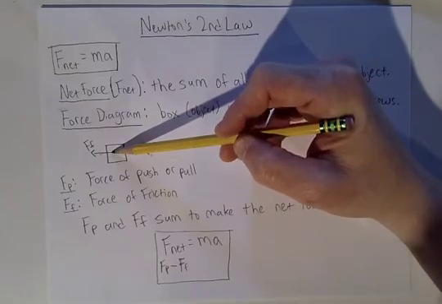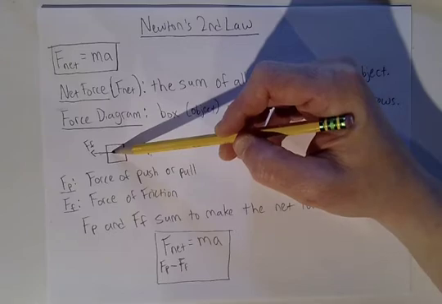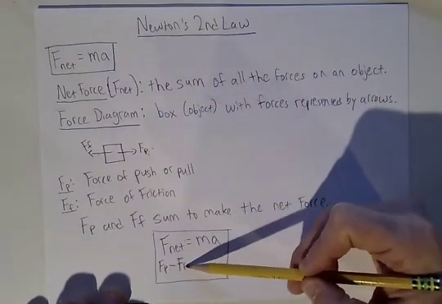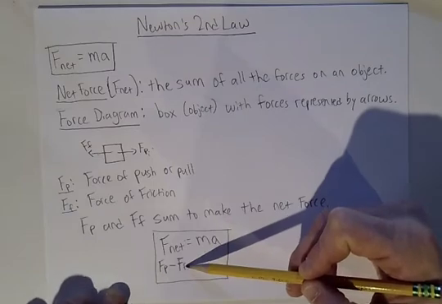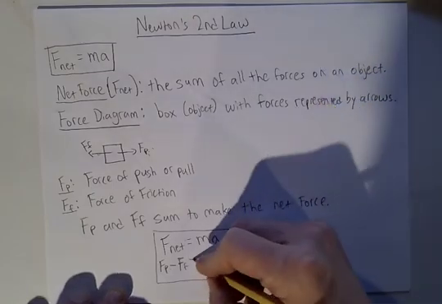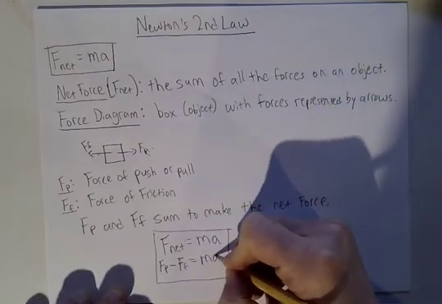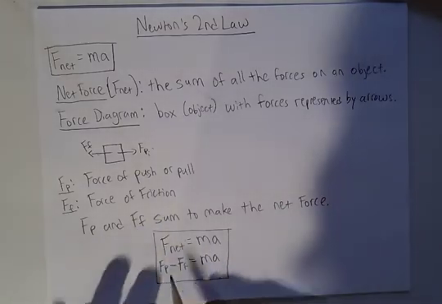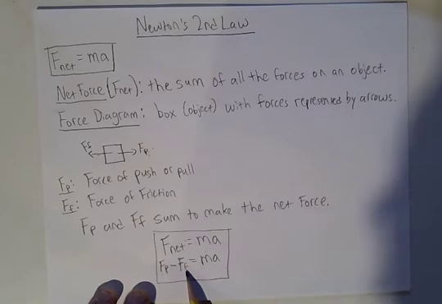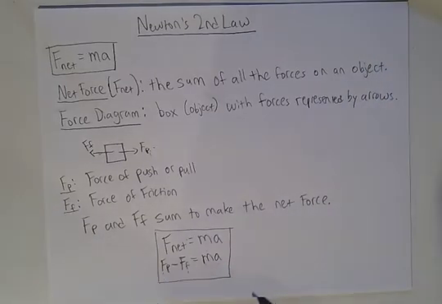It's preventing us from speeding up. So the net force is really FP plus a negative FF. So I'm just going to write it as FP minus FF because they're working against each other. And then we can write equals ma. So for all of our problems, you could just start Newton's second law like this: FP minus FF equals ma. Because we're just going to use those two forces and focus on that.